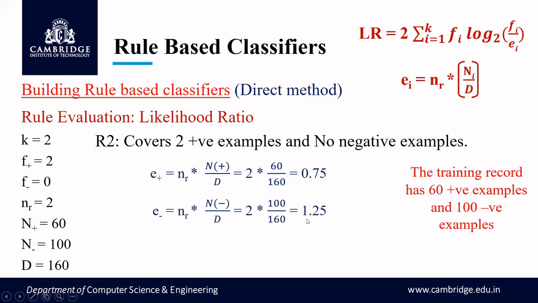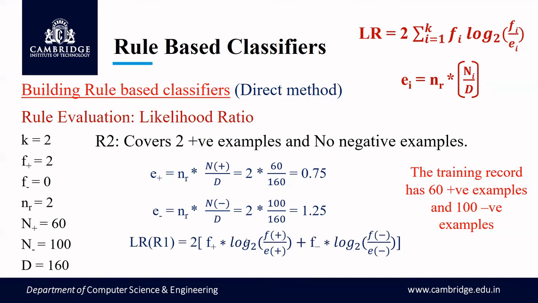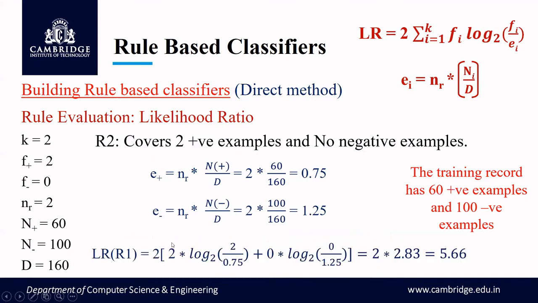Right? So now let us consider the expanded form of the likelihood ratio formula, which goes like this: f plus into log base 2 of f plus by E plus, plus f minus into log base 2 of f minus by E minus. This is the expanded formula. Now I'll substitute the values. f minus is 0, so the second term becomes 0 straight away, and we have to calculate only the value of the first term.